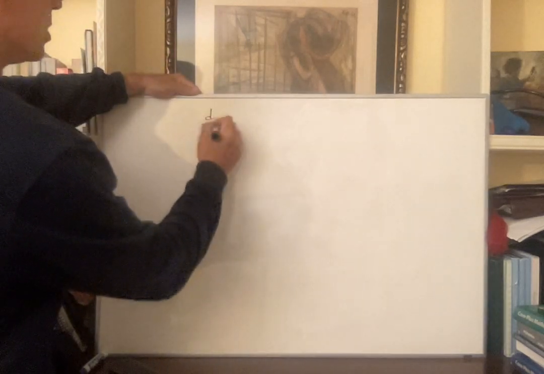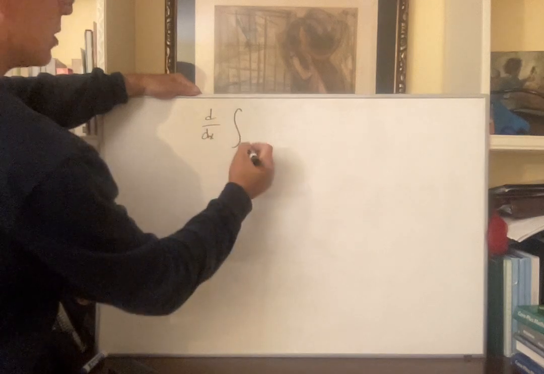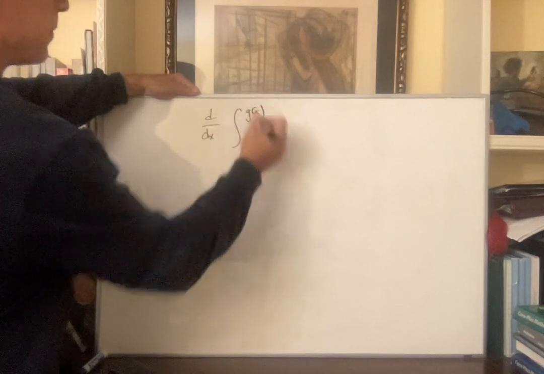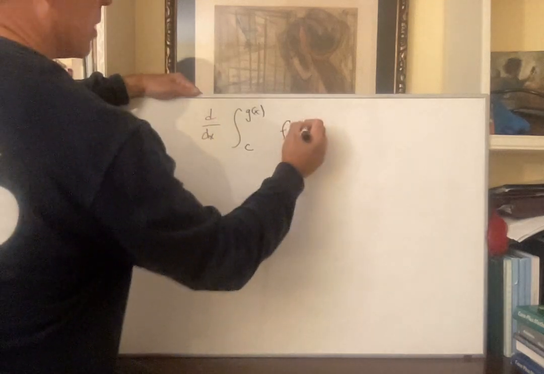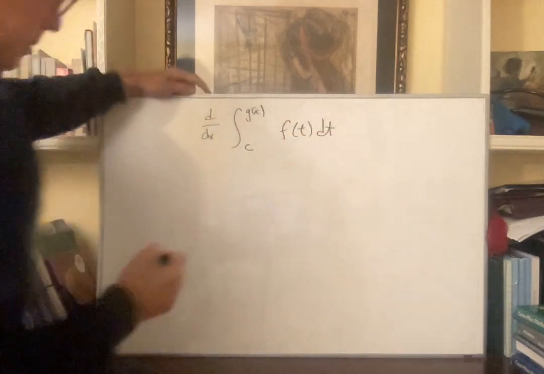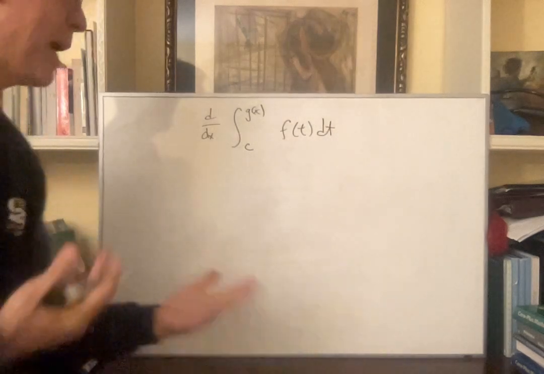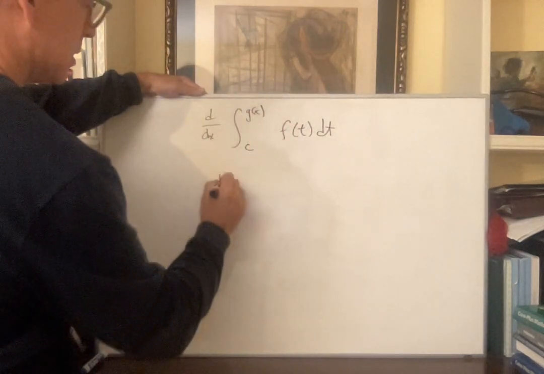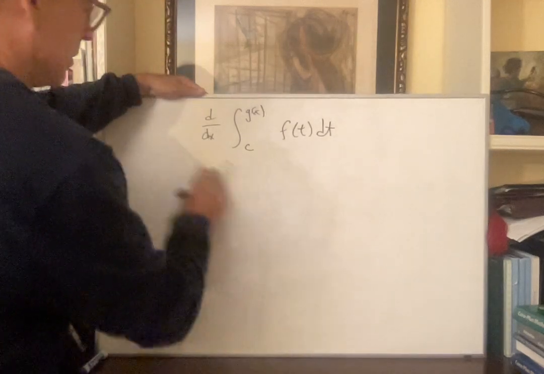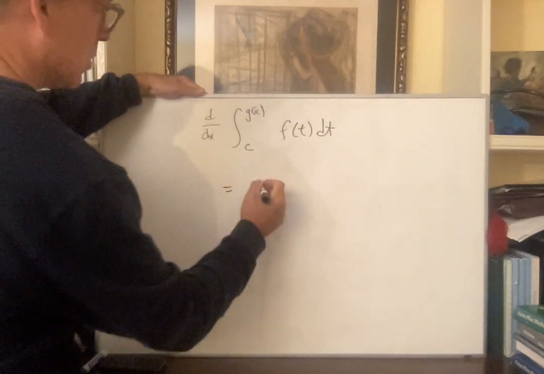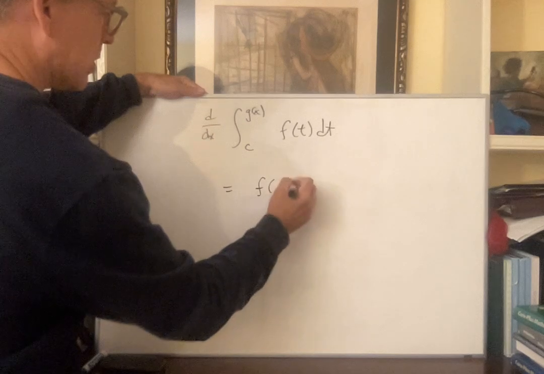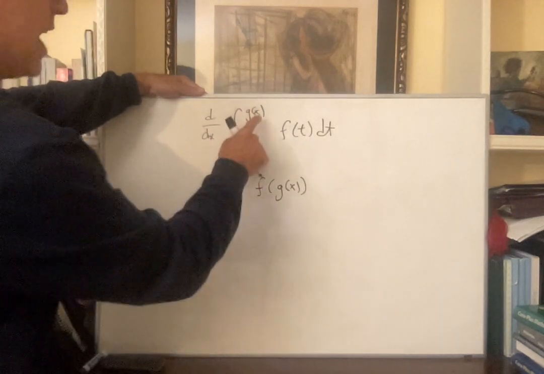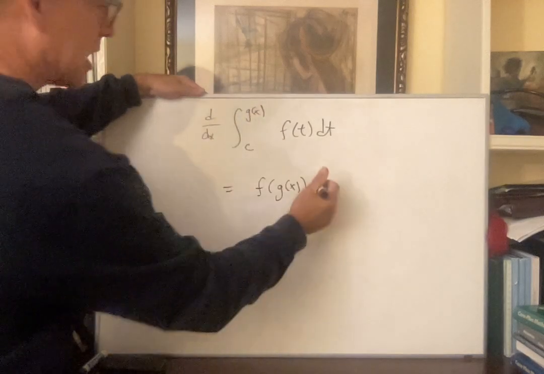Okay, so here's a general pattern. Let's say you got an integral. Let's say that this is c and then some function of x, and then let's say we're integrating whatever. So the pattern here is this. Put this guy in here, all right? So this will equal f of g of x. Every time we see the dummy variable, we'll put this guy here, and then times the derivative of this guy.